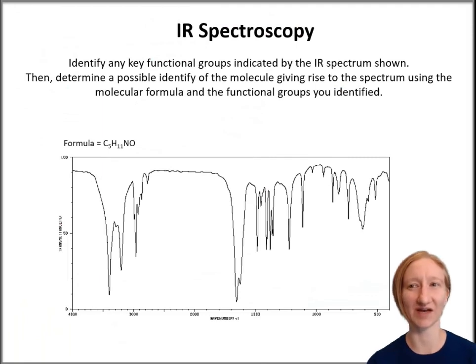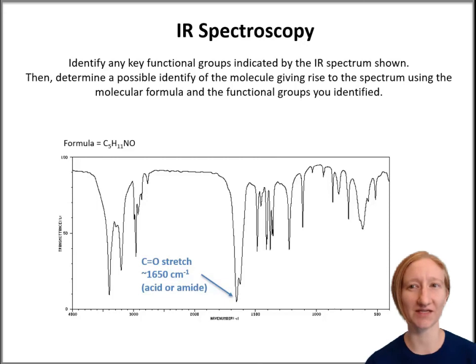I like to start with the IR spectrum, and I'll follow the sequence of steps we just looked at on the last slide. I'll start by looking for a CO stretch, and I have one here at 1650 wave numbers. That's on the low end of a CO stretch, so I'll tentatively assign it to an acid or an amide. And here I'll double check my formula, and I find that I have only one oxygen atom, so I can't have an acid, it must be an amide.